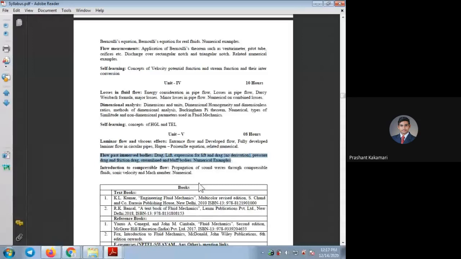Then the last chapter, we have introduction to compressible flow. So until now, what we discussed, for example laminar flow, was all about liquids which are incompressible in nature. So to give some introduction, we have the last chapter, that is part of module 5, compressible flow.